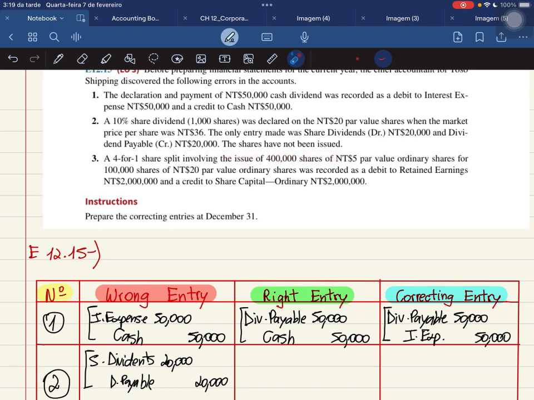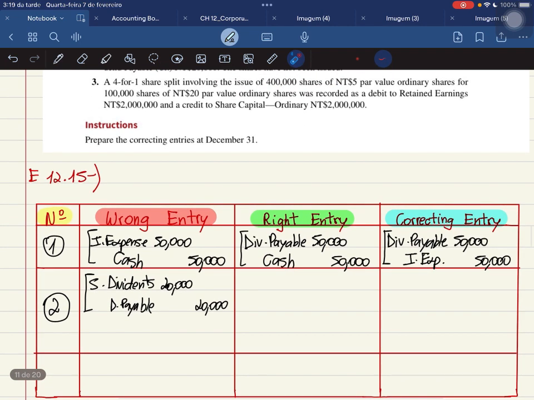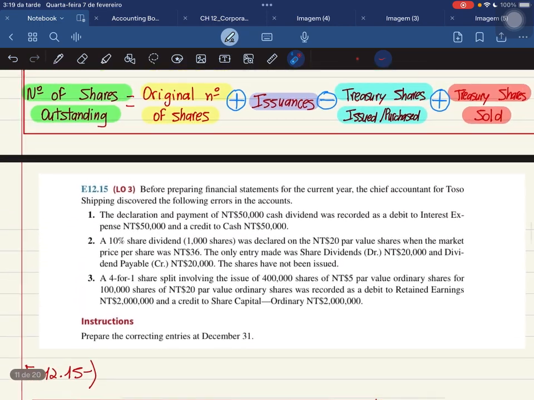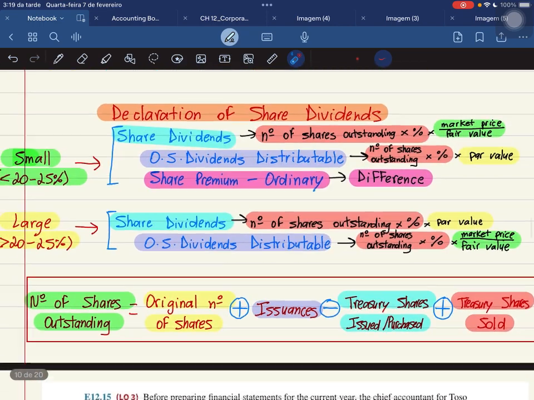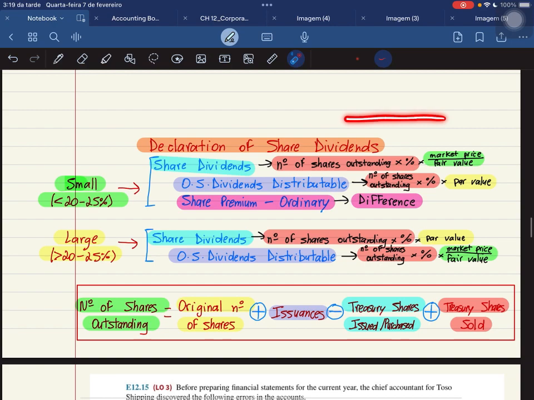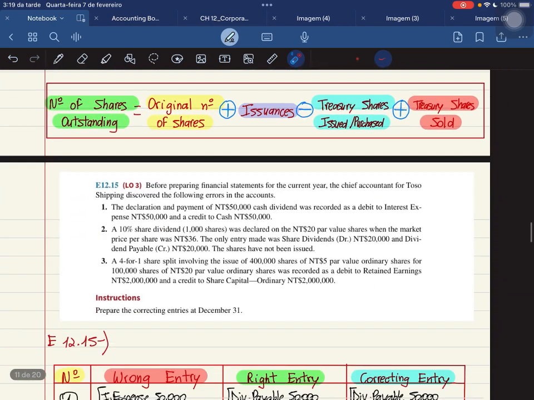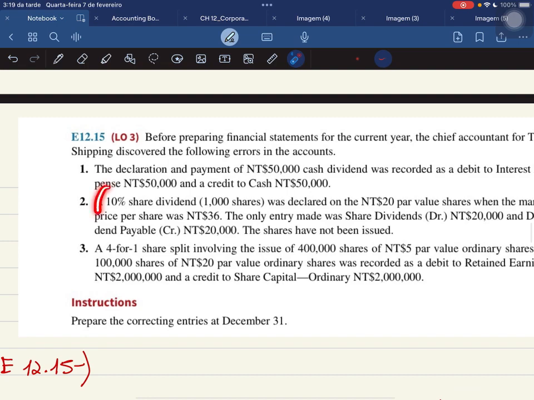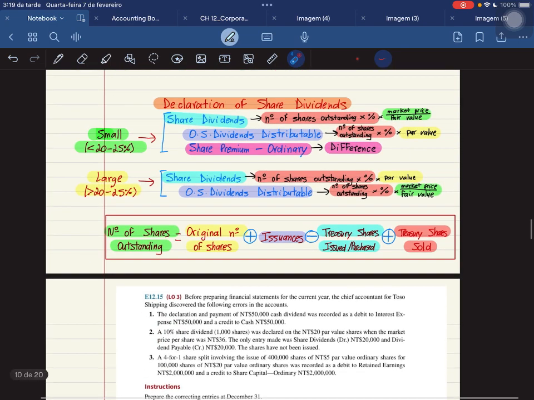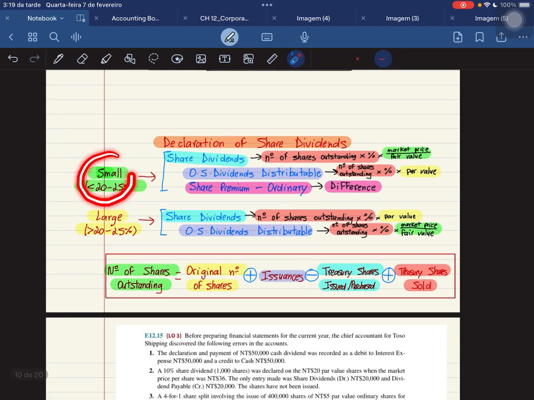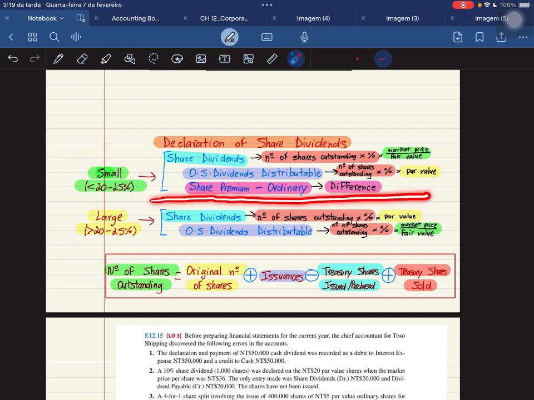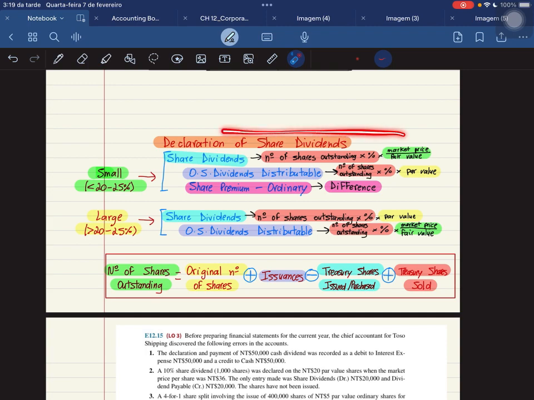Okay, so for this one, you have to remember the little thing that I showed you last time, this one over here, right? We are dealing with declaration of share dividends again. Here, we know that the rate is 10%, which means that this is a small dividend, which means that the right entry that we would have done would be this one over here.